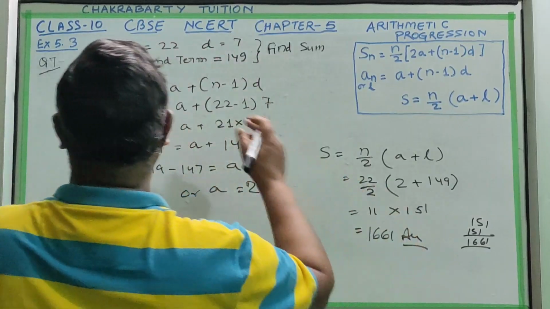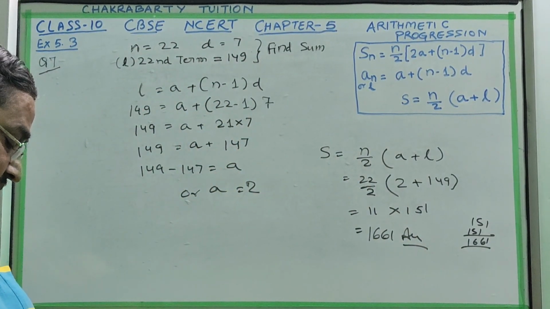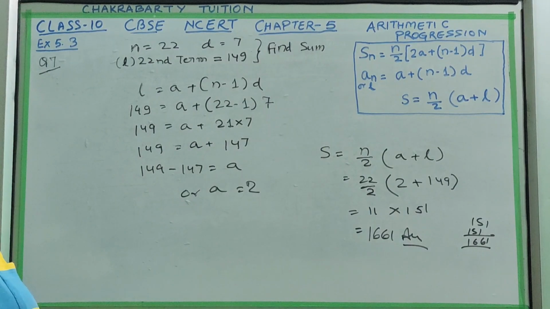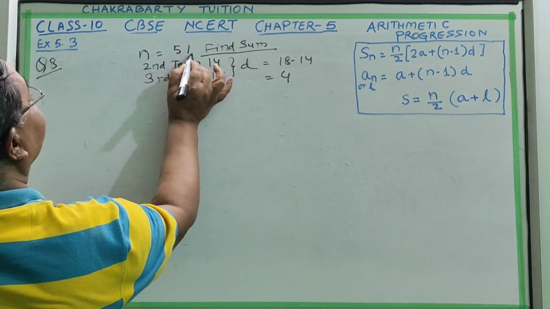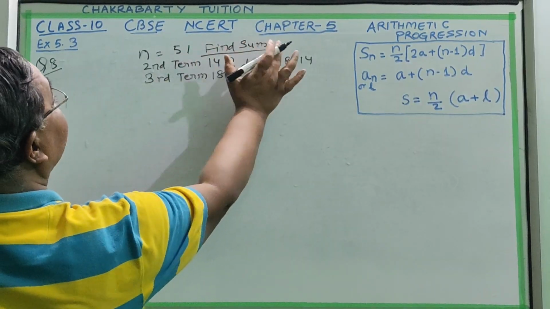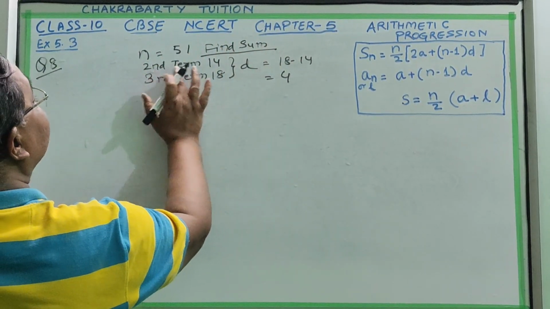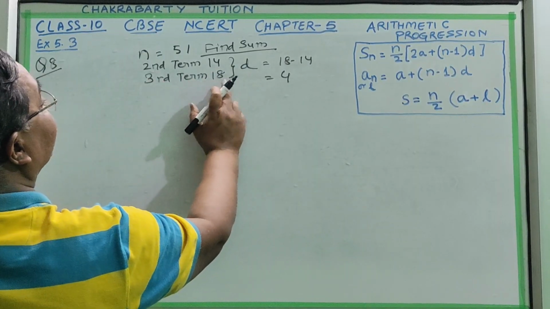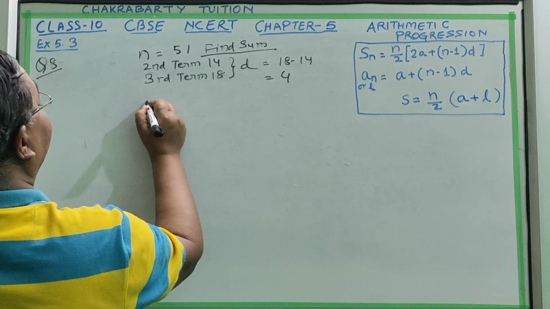Okay. So this question number 7 is also over. Now we will go to question number 8. In question number 8, it is given in the AP 51 terms are there, and you have to find their sum. Okay, find the sum of the AP of 51 terms. Second term is given, third term is given. So difference we can find out, and we can find out a also.